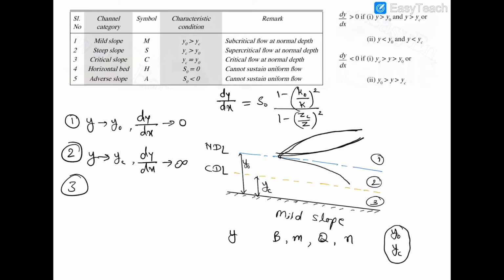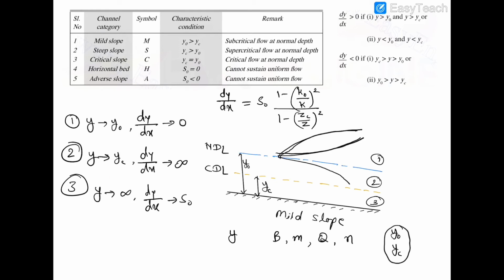Now the third condition is, when y tends to infinite, then dy/dx will become S0.